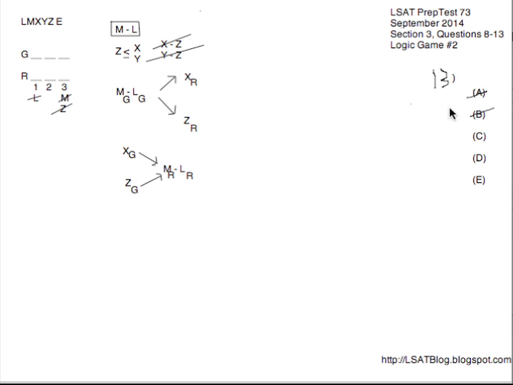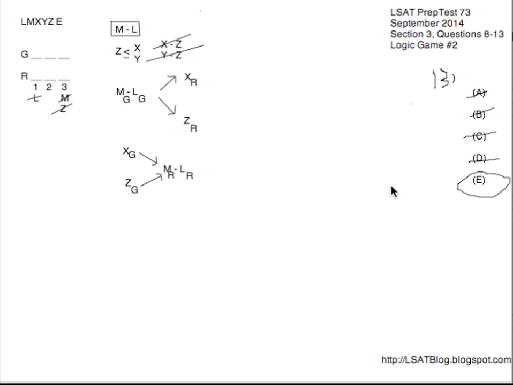Next choice C, either X or Y must be after Z. That's really not strict enough because that would allow one of them to potentially go before Z, which certainly isn't permitted by the original rule. So C is gone. Looking at D, either X or Y or both must be at 2 p.m. That would still allow Z to be on 3, which we've inferred is not permitted, so D is gone as well, leaving E by elimination.